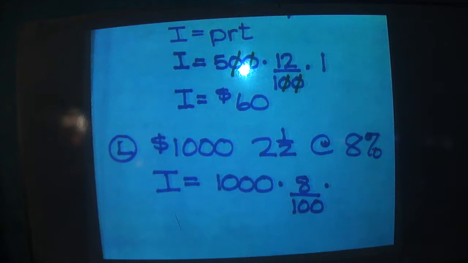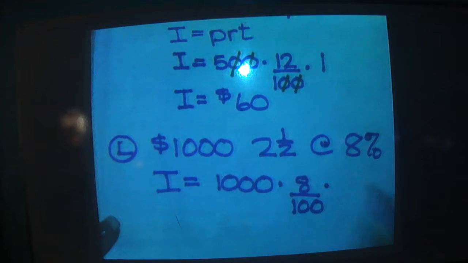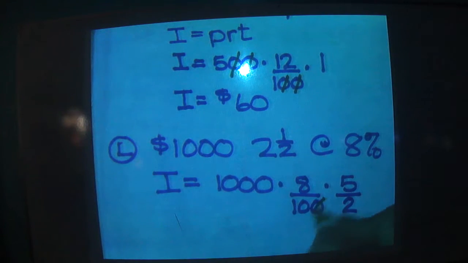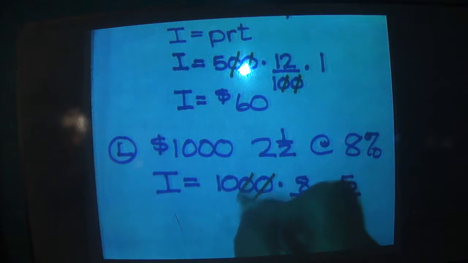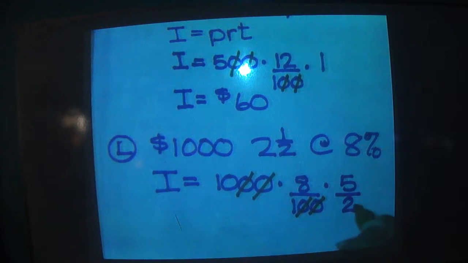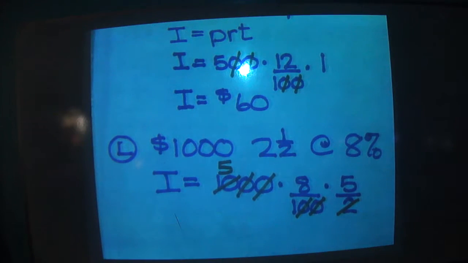Can we put that in a fraction too? What is it going to be? 2 times 2 is 4, plus 1 more is 5. 5 halves. Okay? So let's simplify. First, let's get rid of 2 zeros. Can we simplify that 2? 2 goes into 10 5 times.